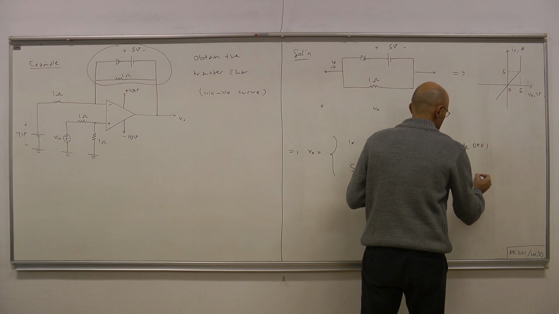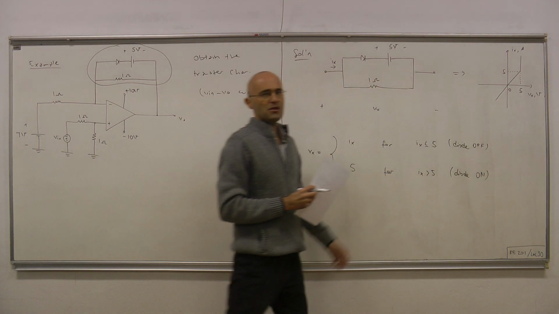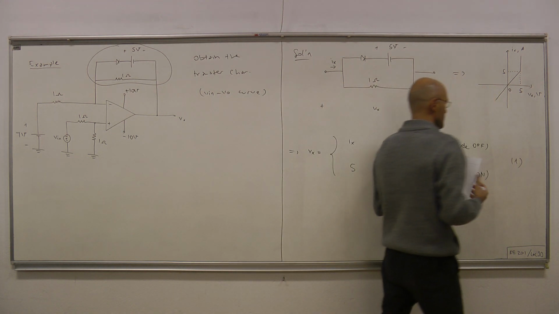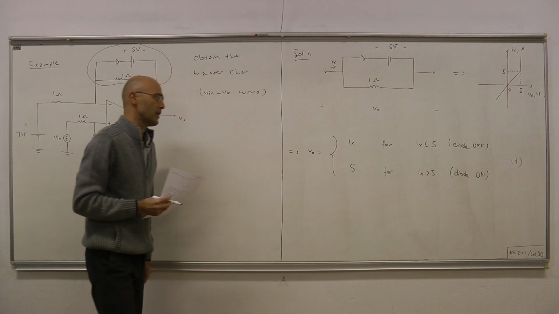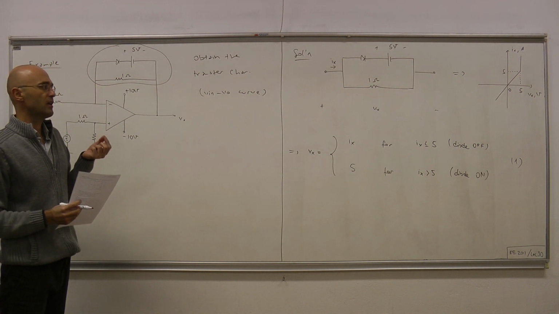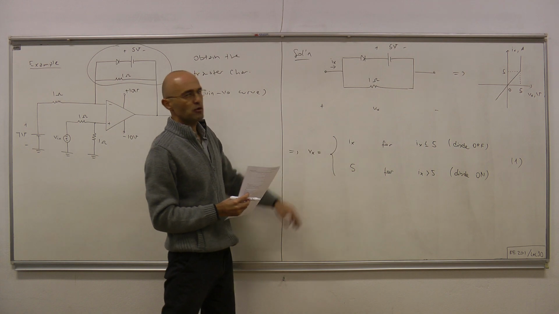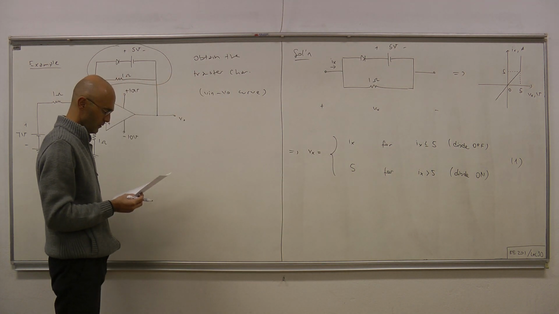This is when the diode is on. Let's call this our first equation, first characteristics, the relation that determines the dependence of Vx on Ix.